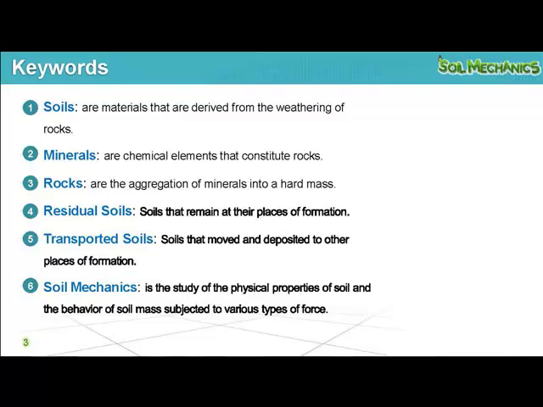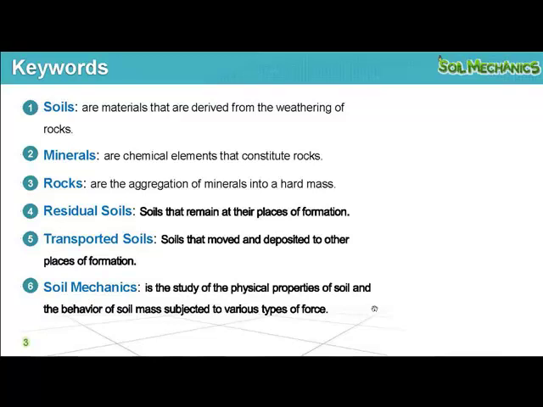Another keyword is soil mechanics. That is our subject. It is the study of the physical properties of soil, like grain size, and the behavior of soil mass subjected to various types of force.